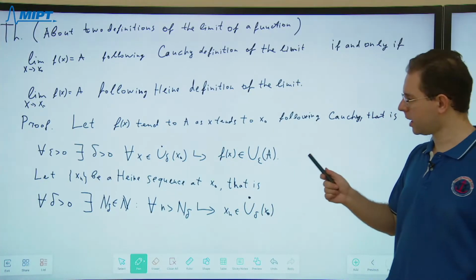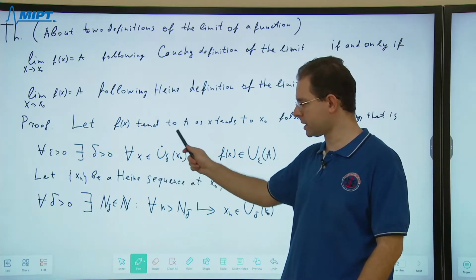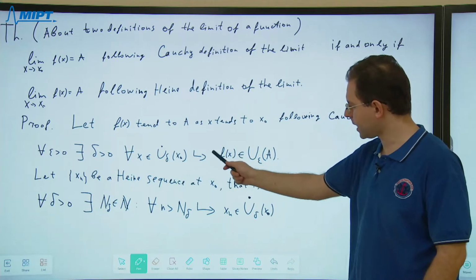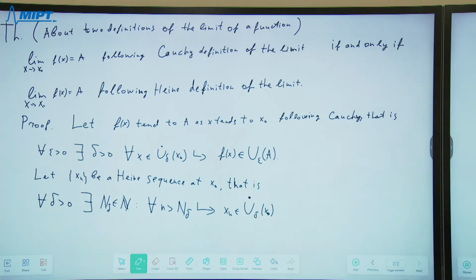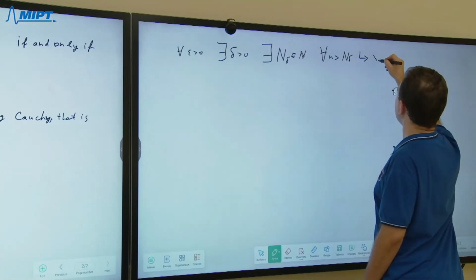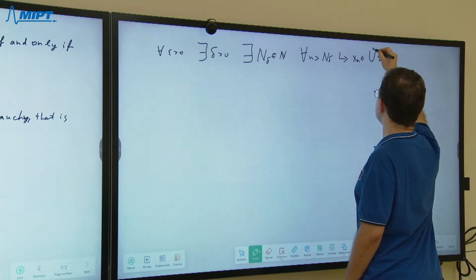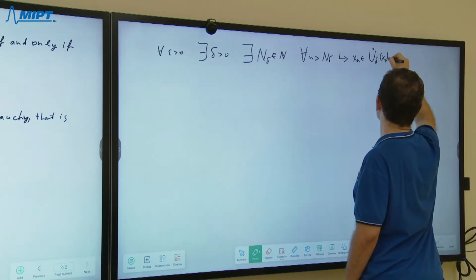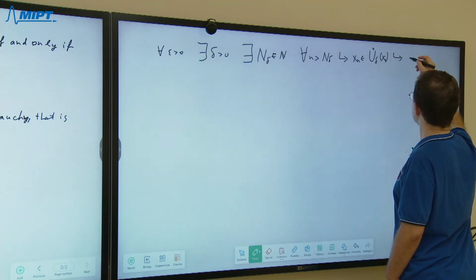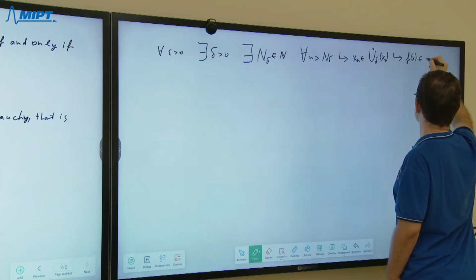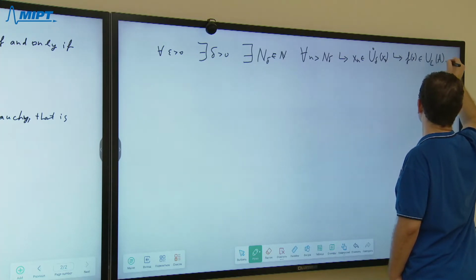And for any x from this same deleted neighborhood, we have that f of x is from the epsilon neighborhood of A. So we write, it follows that xn is from the deleted delta neighborhood of x0, which implies that f of xn is from the epsilon neighborhood of A.